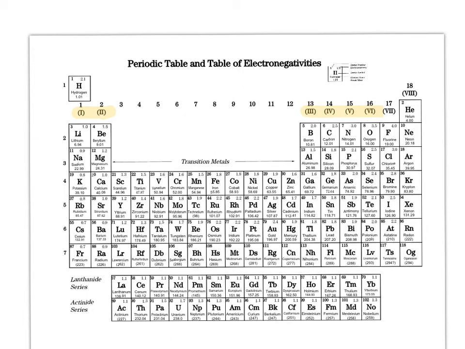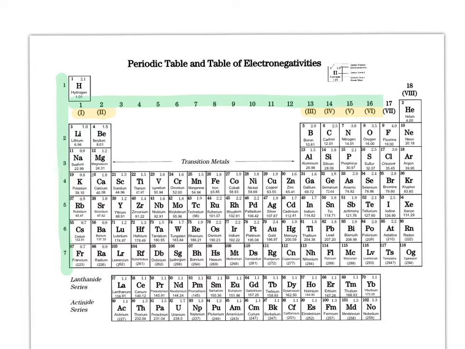So 1, 2, 3, 4, 5, 6, 7, 8. But the whole 18 groups have the number at the top. The period numbers go down the side. So there's 18 groups and 7 periods.